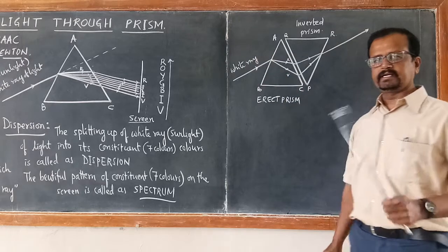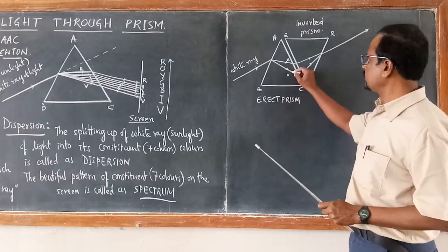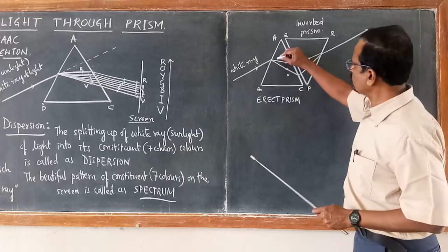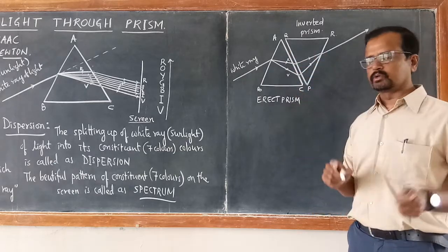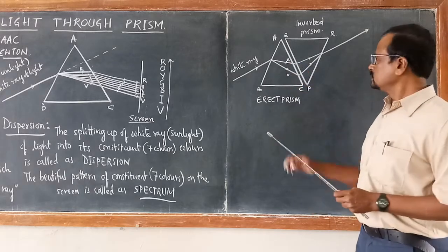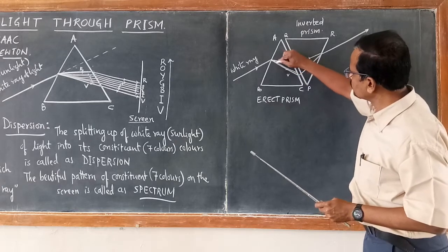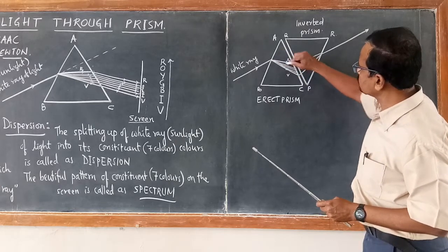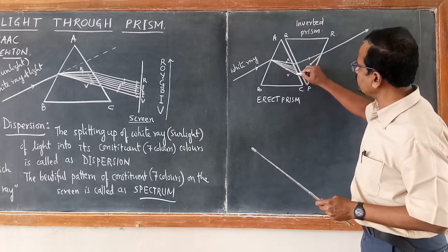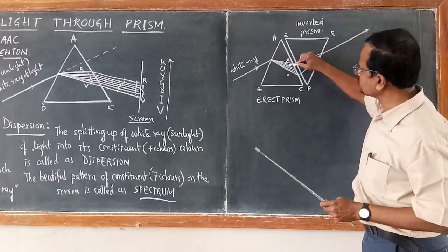the white ray of light is found to have 7 colors. I have drawn only 2 colors for our understanding, violet and red. These in-between colors you can also show: violet, indigo, blue, green, yellow, orange, red.